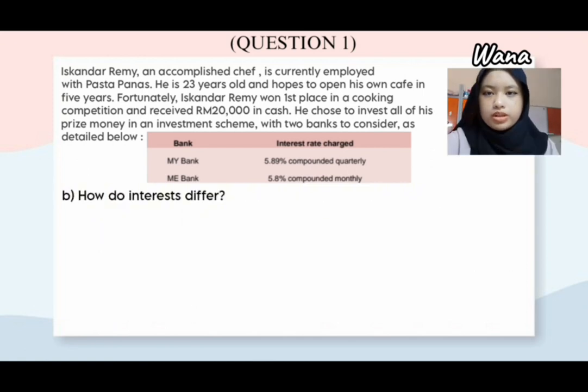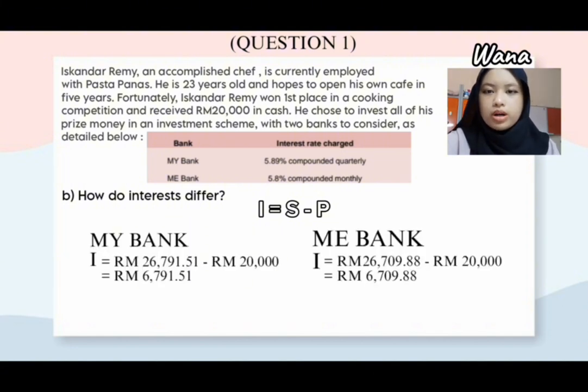For question B, how do interests differ? To answer this question, we will have to find the amount of interest for both banks. We will use the formula I equals S minus P. For MY Bank, the interest amount will be equal to 26,791 ringgit 51 cents minus 20,000, which is 6,791 ringgit and 51 cents.